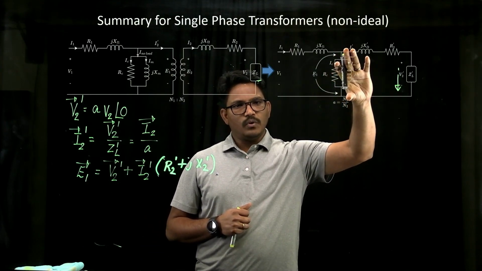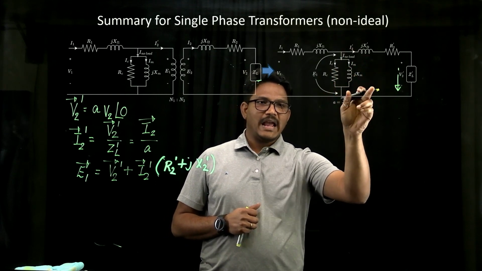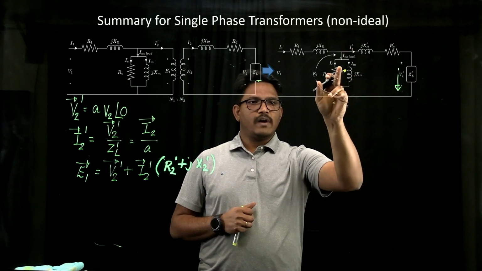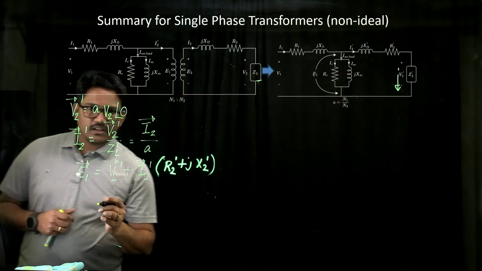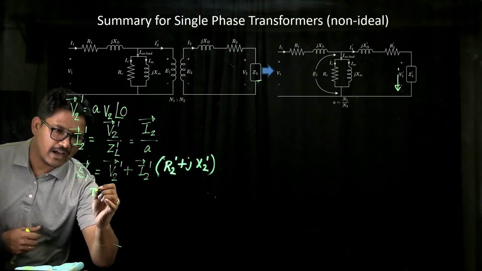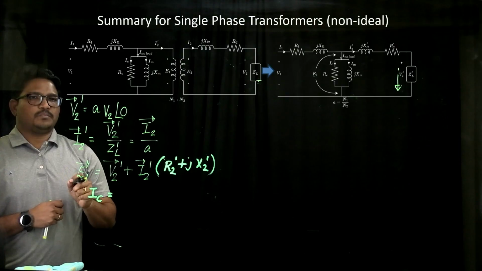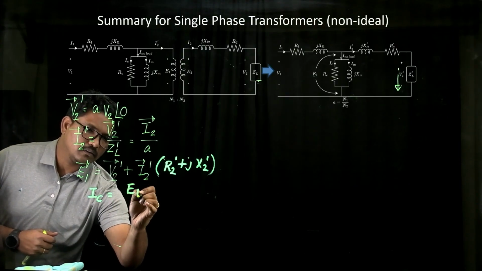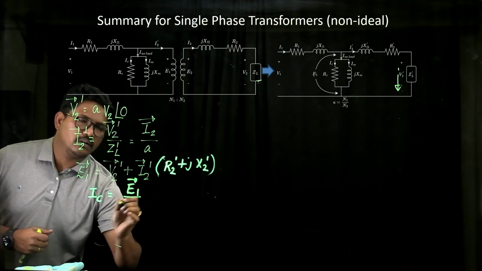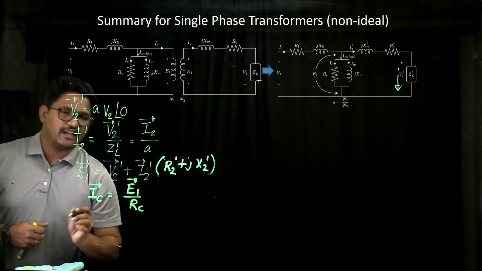Now that voltage can be divided by the resistance or the particular reactance in order to get the values of IC as well as IM. If you wanted to know the value of your IC, that is the current corresponding to the core losses, that is E1 upon RC, that is your IC.